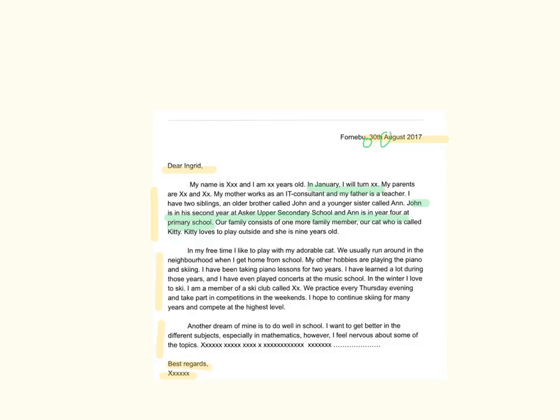Like this: Kitty loves to play outside, and she's 9 years old. In my free time, I like to play with my adorable cat. We usually run around in the neighborhood when I get home from school. So this is a tool to make your text more connected and coherent. And after writing about my cat, I can naturally move on to my other hobbies and interests.